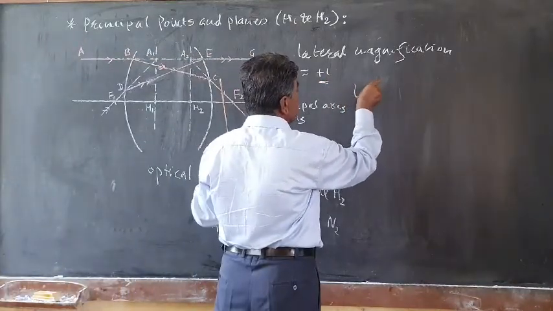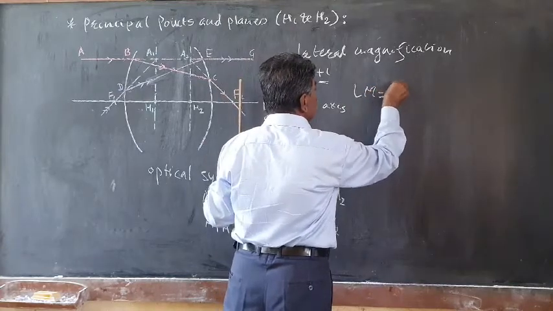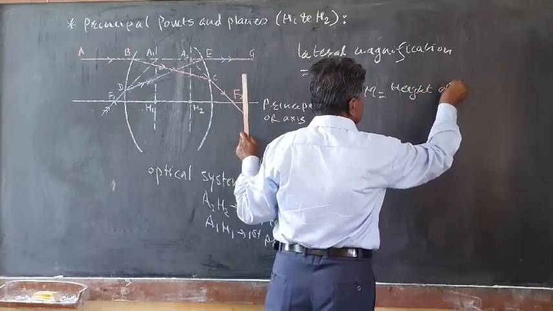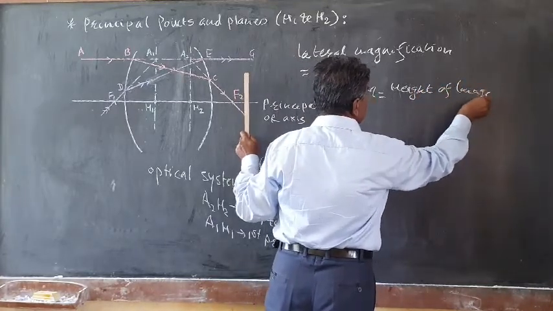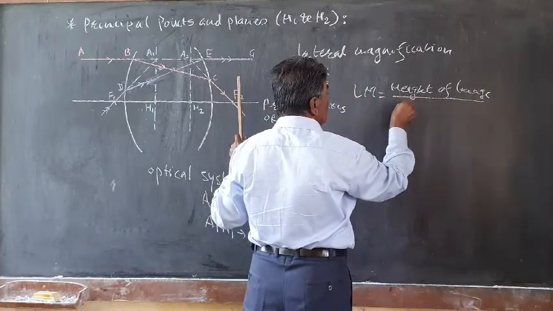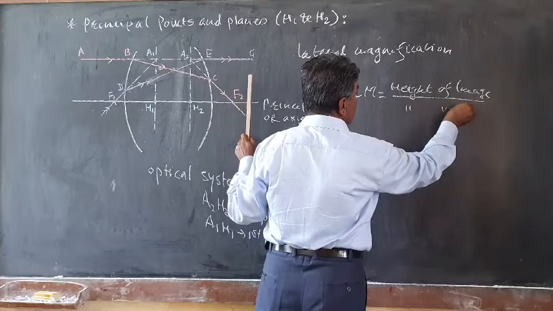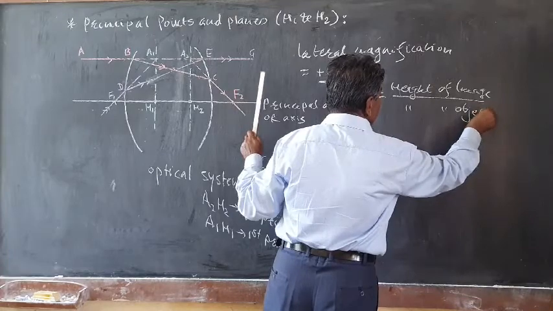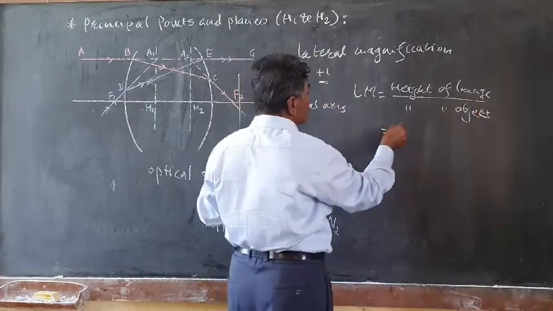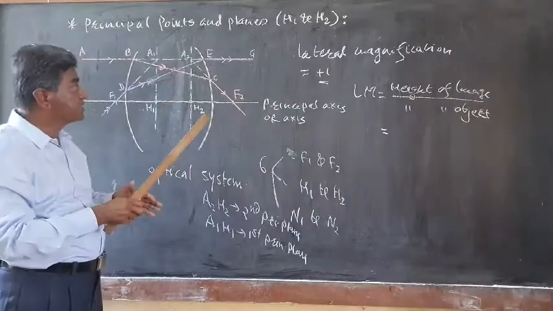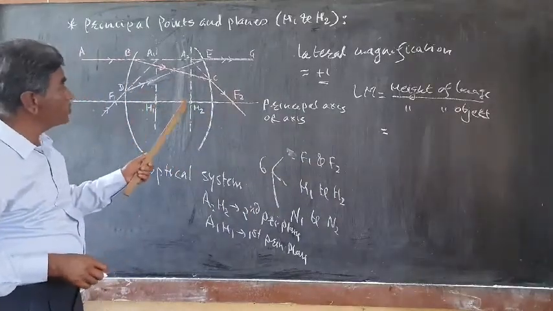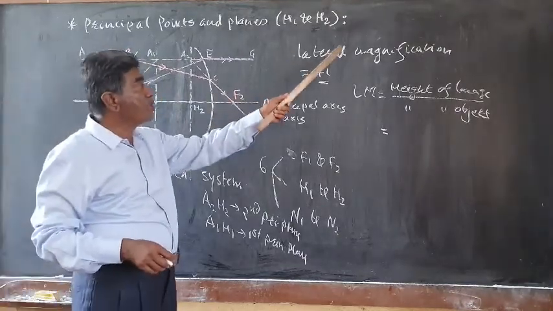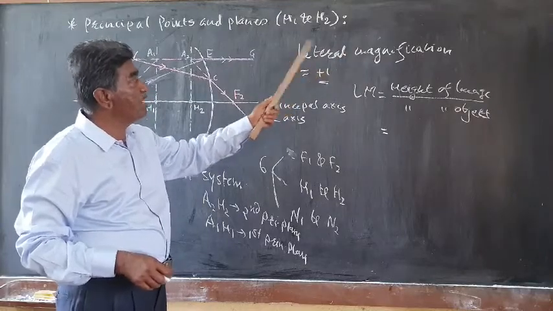Lateral magnification, LM, is defined as the height of the image divided by the height of the object. In other words, H1 and H2 are the principal points on the axis such that the lens system, the optical system, has unique positive lateral magnification.